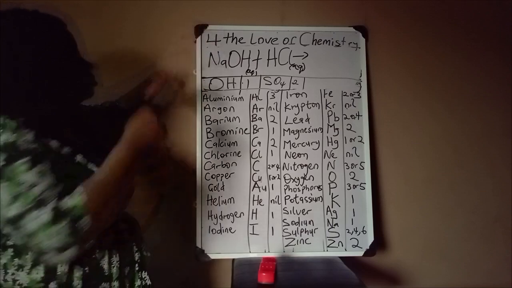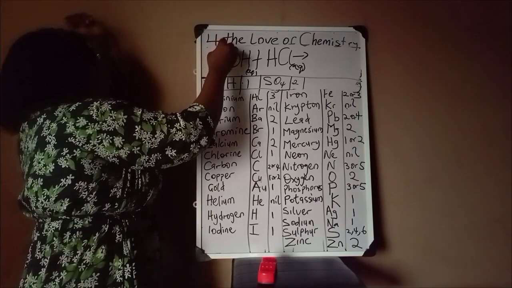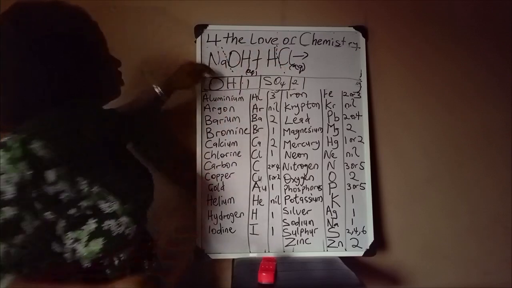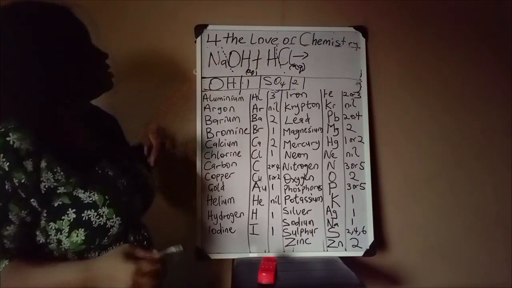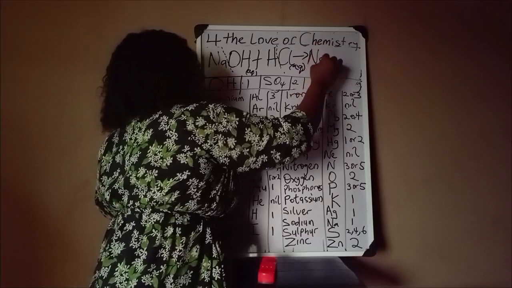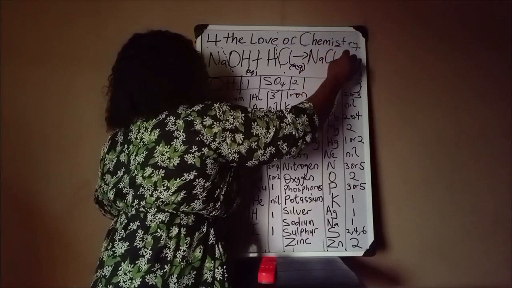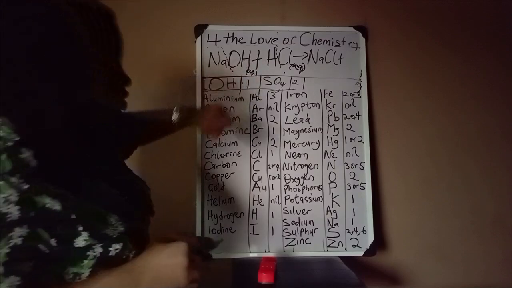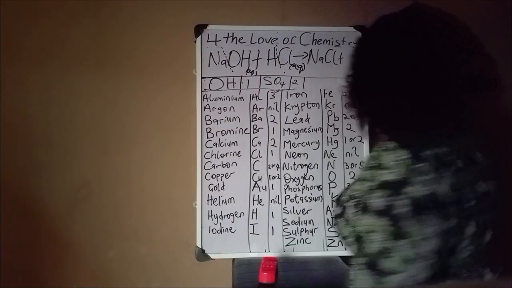So this sodium, just have it in the back of your mind, this division here. So this takes this and this takes this. So sodium and chlorine, plus H, 2H and 1 O, will give us H2O.